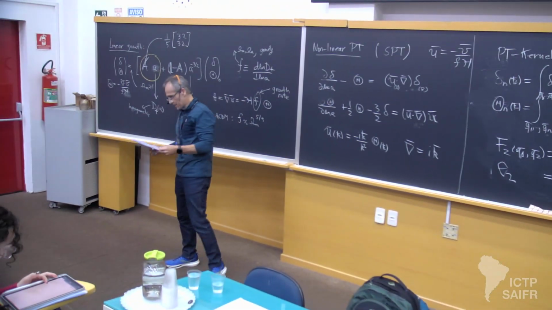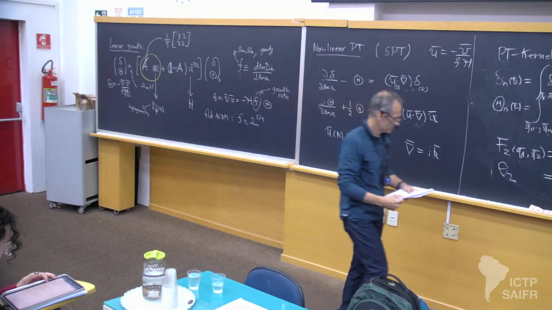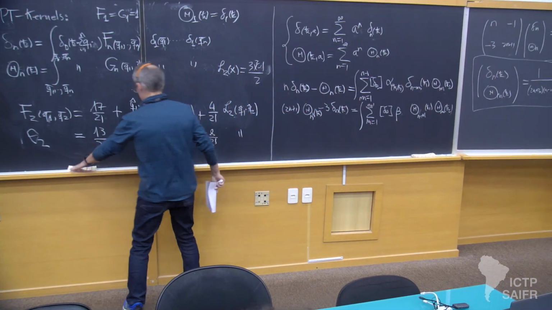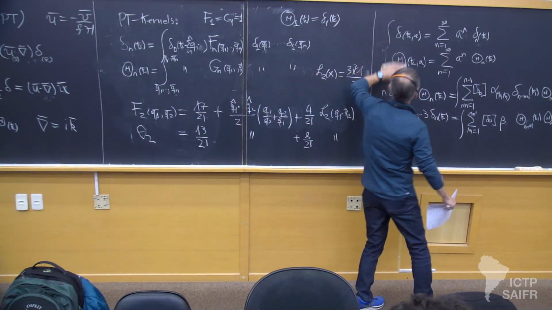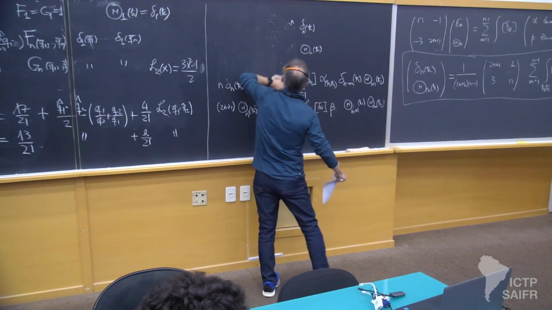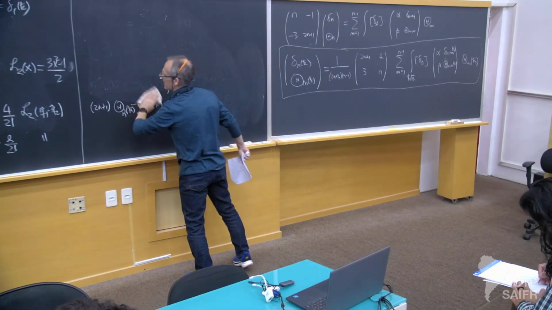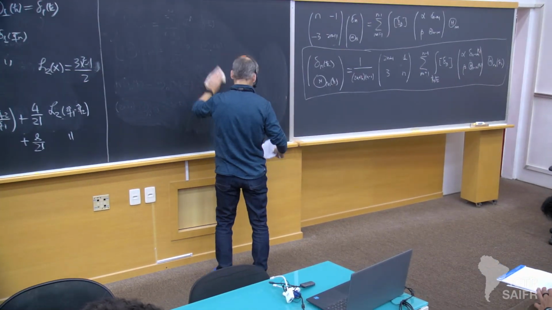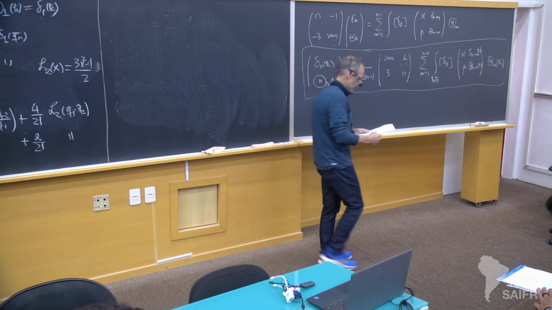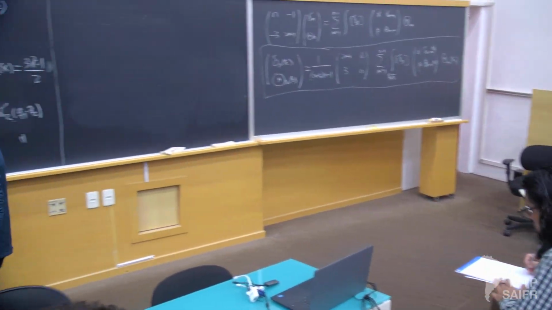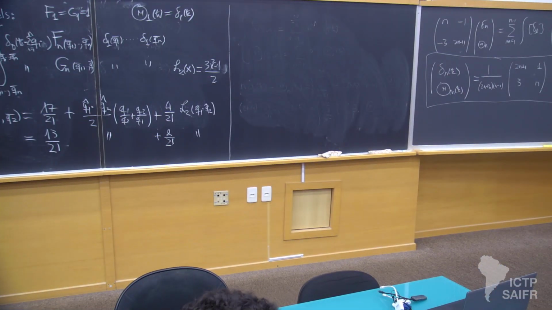Good. So let's go to the physics, okay? Enough math here. So what is the monopole? What is the dipole? What is the quadrupole? So just a reminder of what the linear theory is, right?